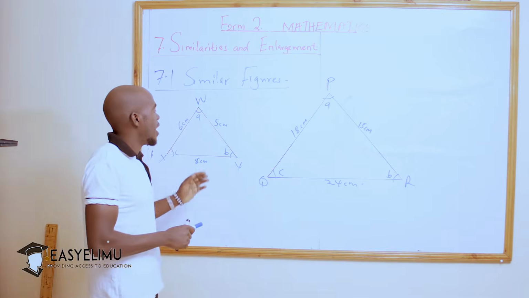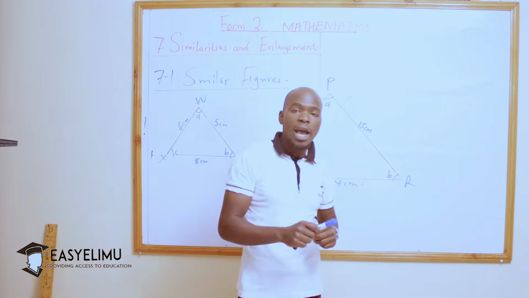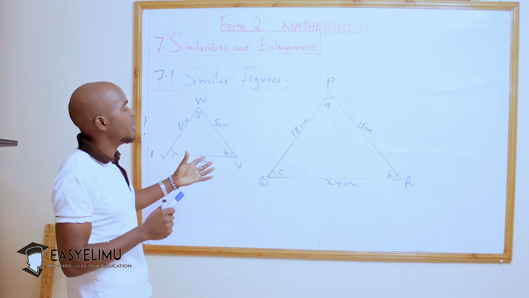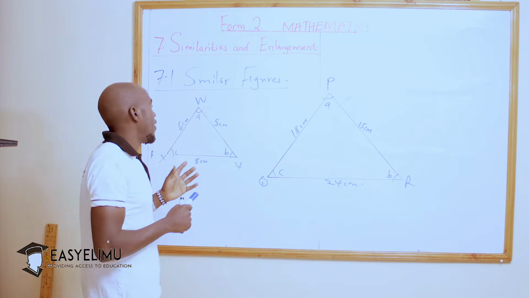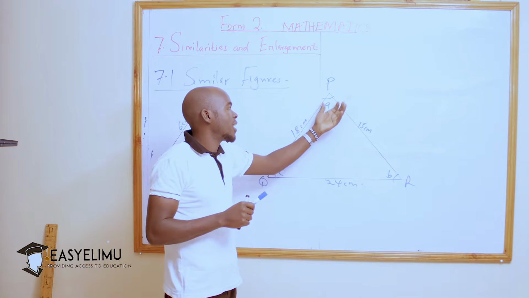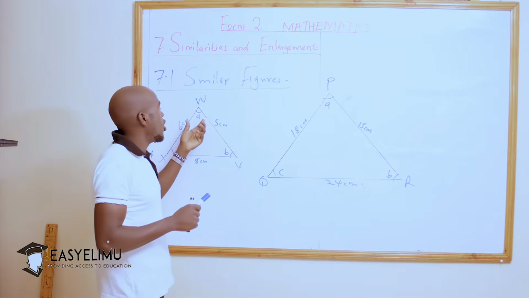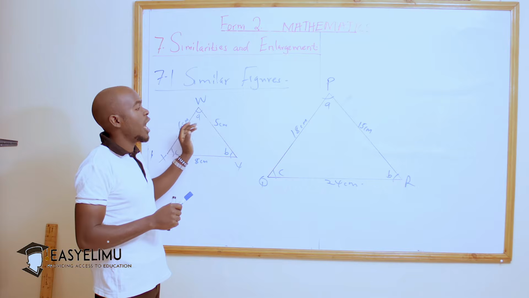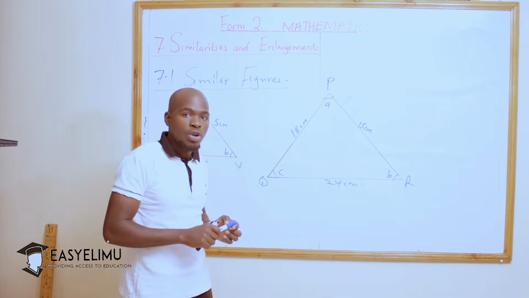If you construct two given figures that are similar, you will find that their corresponding angles, for example this angle A, will always be equal.